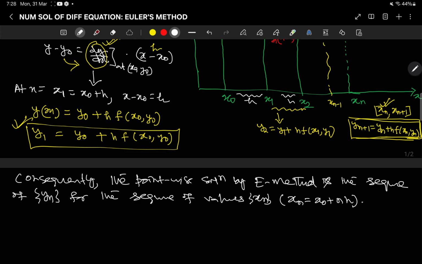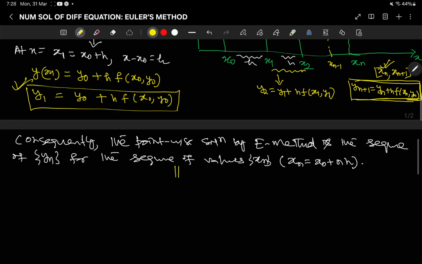But you see this process is very slow, right? Why is it very slow?